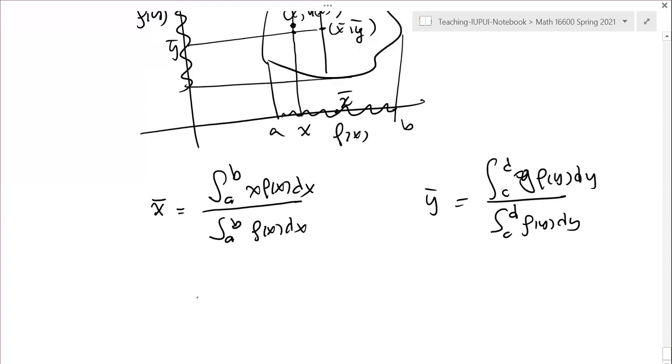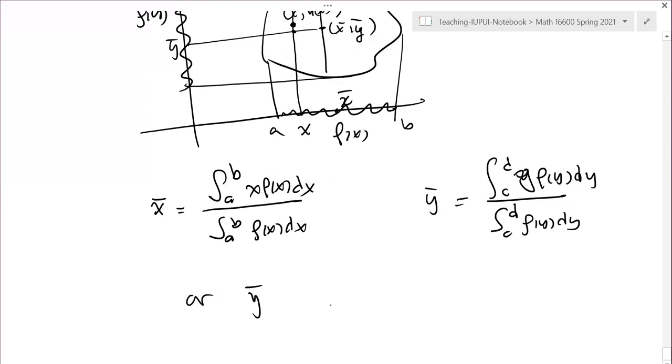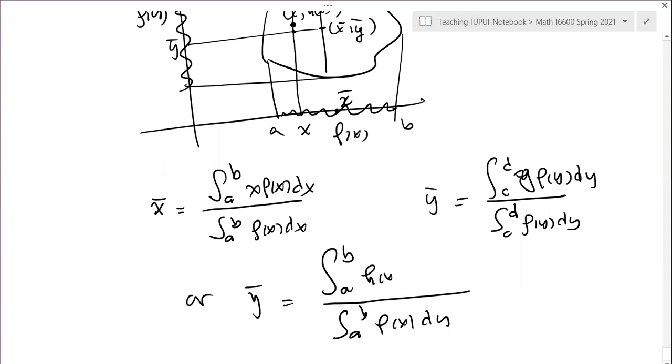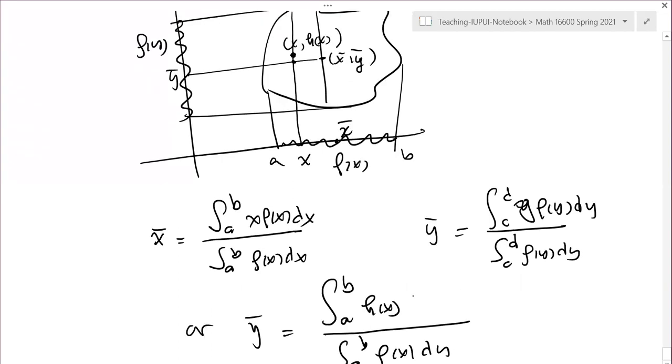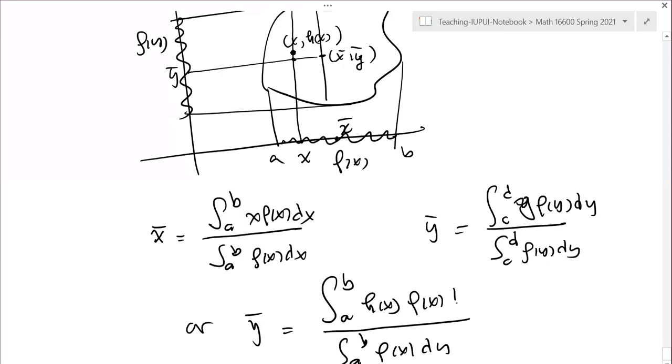Or you can use the formula from the book. Here it's from a to b, and that will be the height of the middle point on the vertical line, and this is still the same density function. Either way.